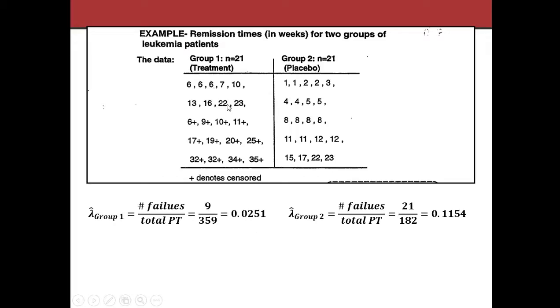I got 9 failures and 359 person weeks. That looks to me like a rate of 0.0251. And whoa, these people have 21 failures and 182 person weeks. That looks like a rate of 0.1154. You might have looked at the rate ratio comparing the placebo to the treatment. Wow, 4.6-fold higher rate. It looks like we should really give people therapy.